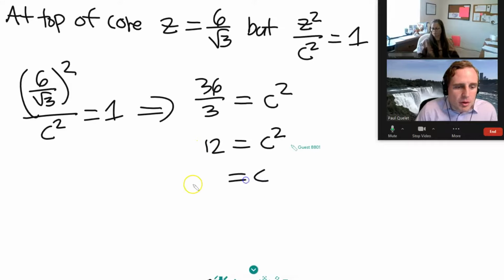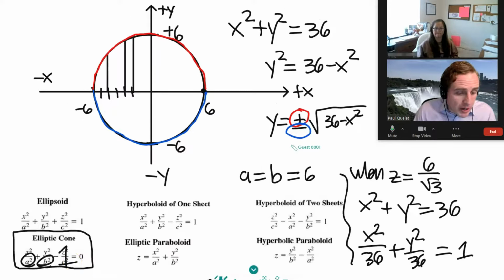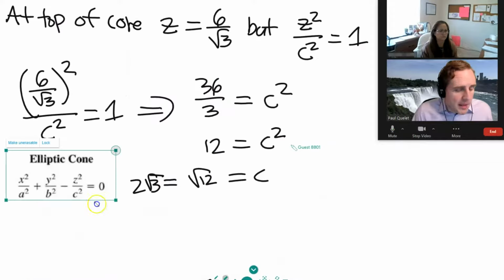So let's see, c is the square root of 12, but the square root of 12 is square root of 4 times square root of 3. So this is 2 square root of 3. Okay? Because the only perfect square in 12 is 4. We know what the equation of our elliptic cone is. Our elliptic cone must be... Now think about this.